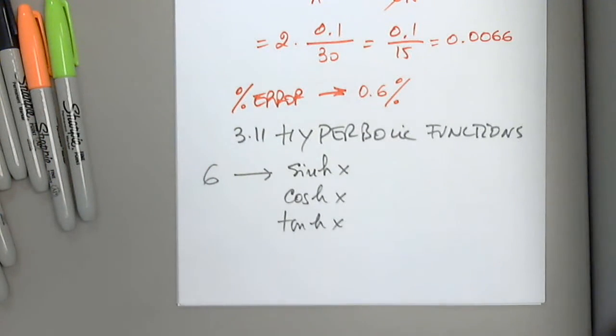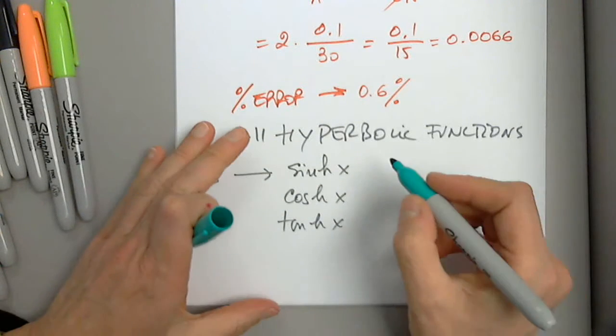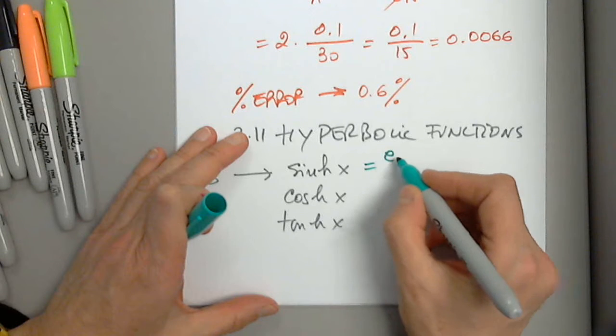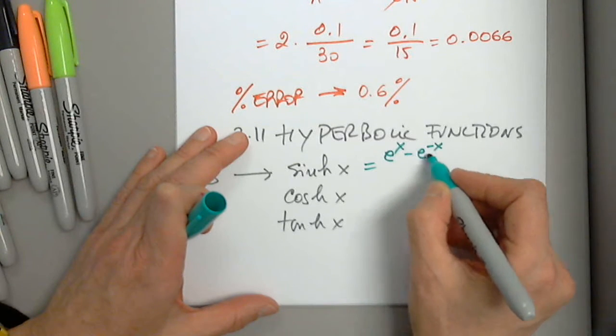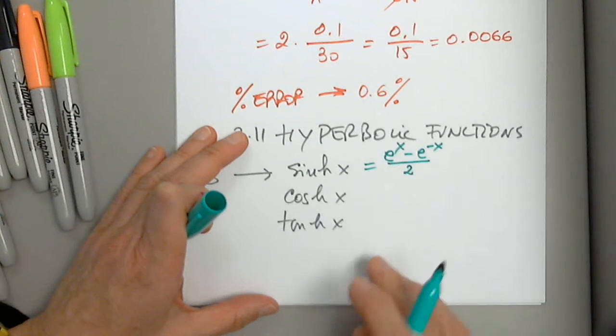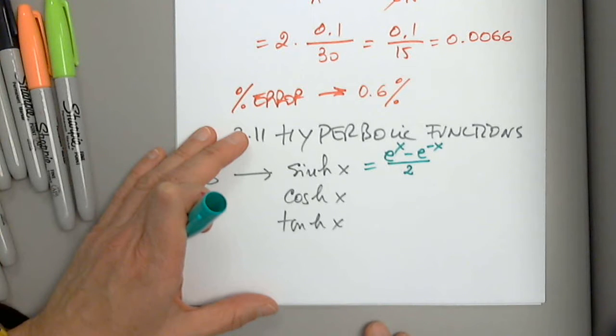Again, they are not trig functions. Okay, how they were determined. Let's look at the first one: e to the x minus e to negative x divided by 2. It's a difference of exponential functions.